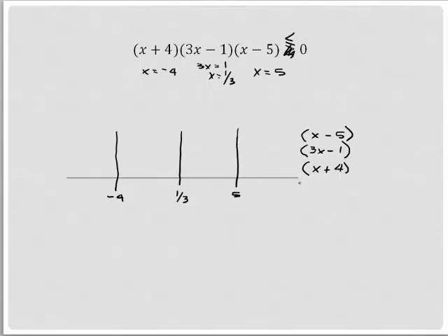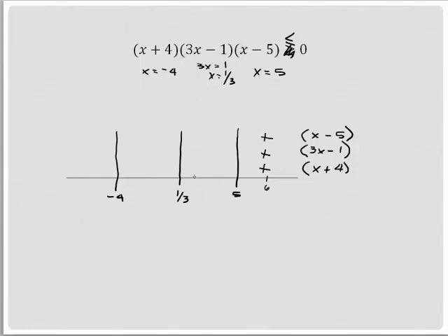Alright, we're going to pick a number that is greater than 5. Should we use 6? Okay, let's use 6. 6 plus 4 is a positive number. 6 times 3, that will be a positive number. 6 minus 5, that will be a positive number.